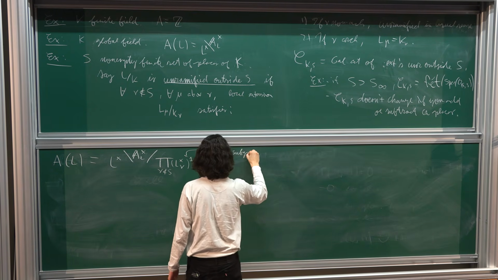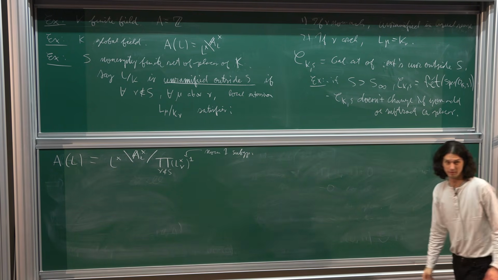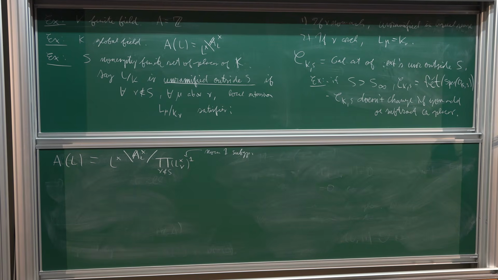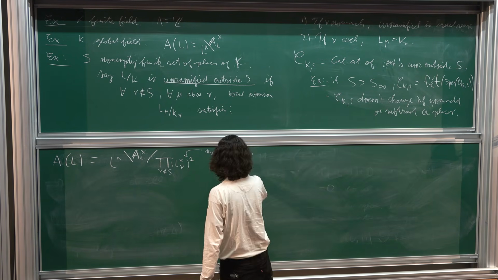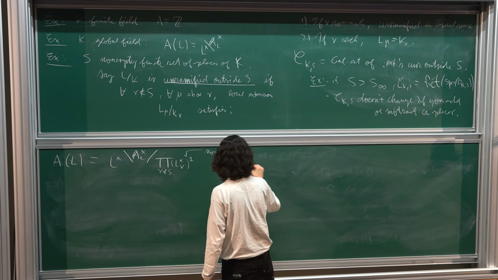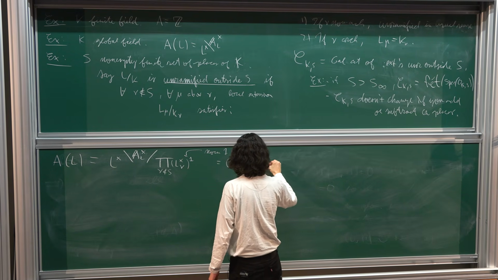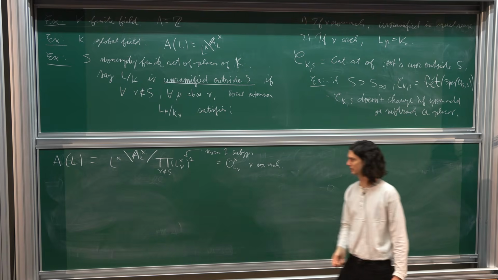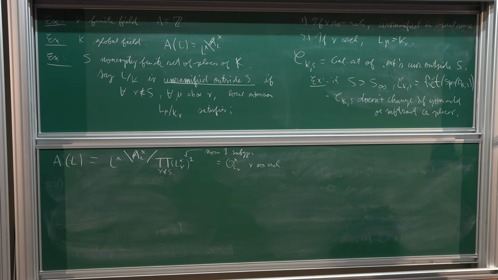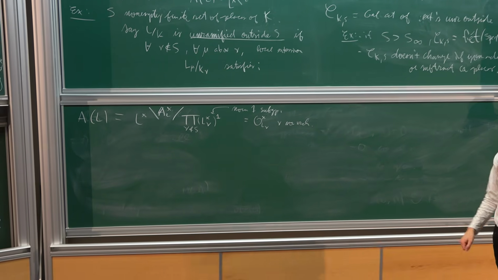So the norm 1 subgroup of the local units, or the maximal compact subgroup of the group of local units. In the non-Archimedean case, this is just the ring of integers. But if it's the real numbers, then it's plus or minus 1, and if it's the complex numbers, it's the unit circle.